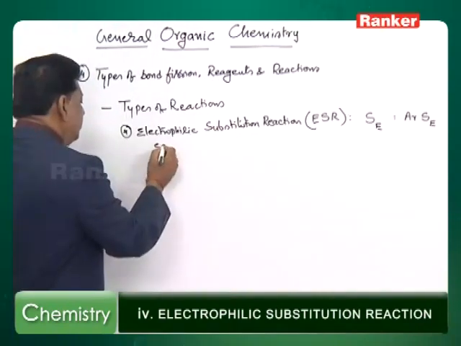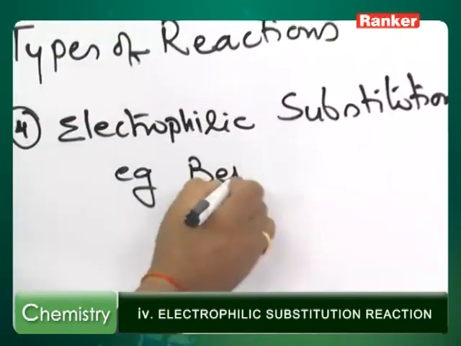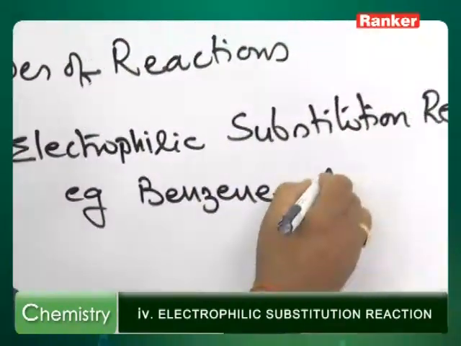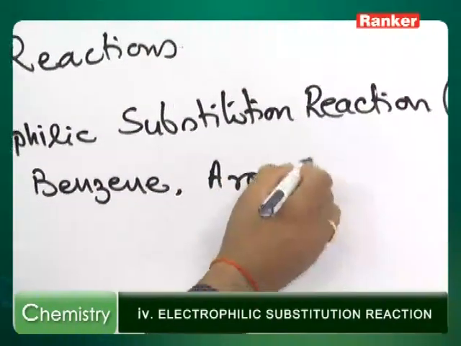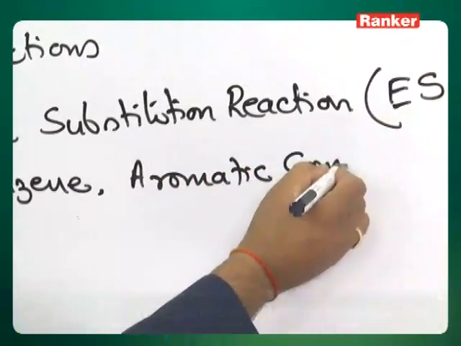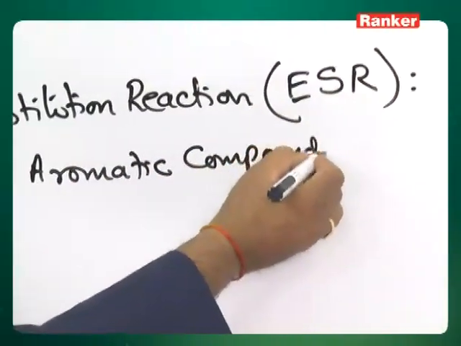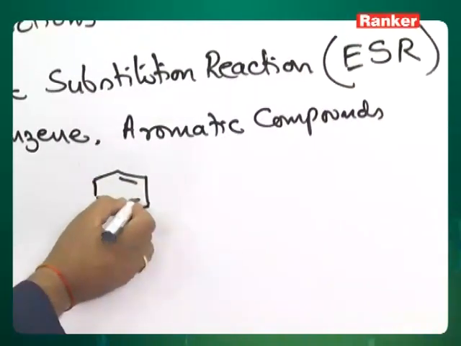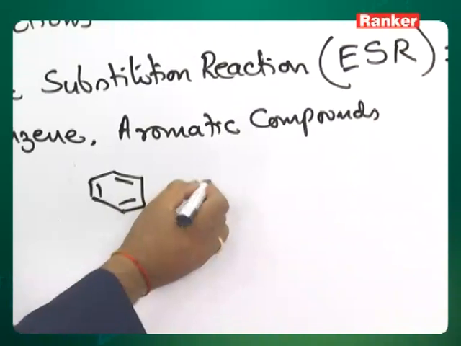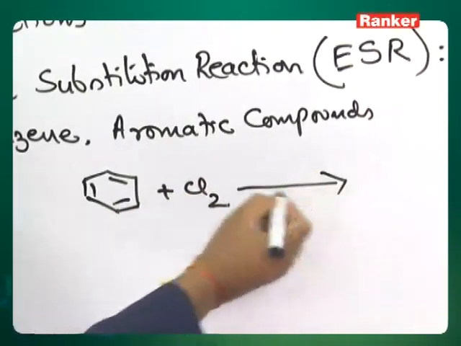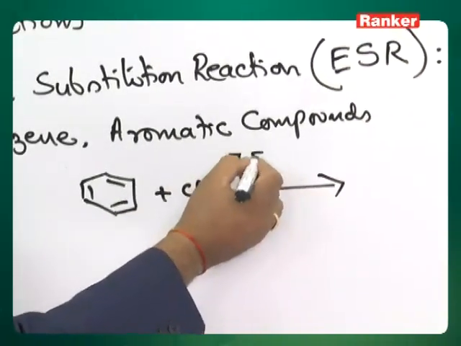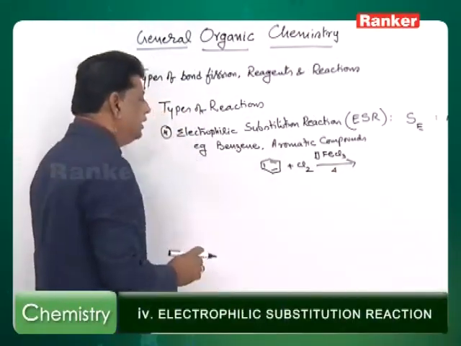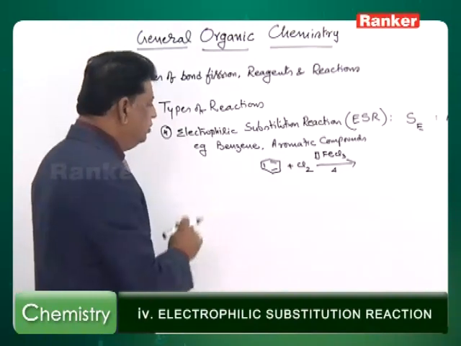Now, for the example, benzene and all aromatic compounds show this type of characteristic reaction. The skeleton reaction may be shown like this. When benzene is treated with, let us say, chlorine, in presence of a catalyst like anhydrous ferric chloride and heated for some time, we get 1 chlorine introduced into the benzene.